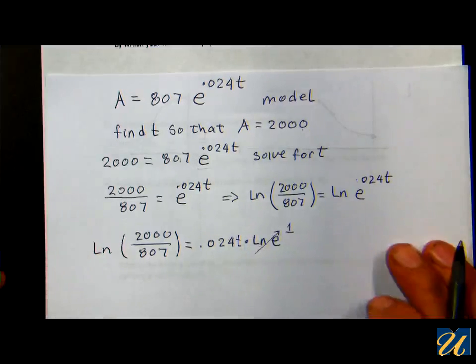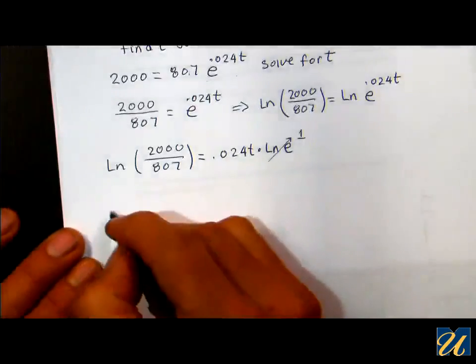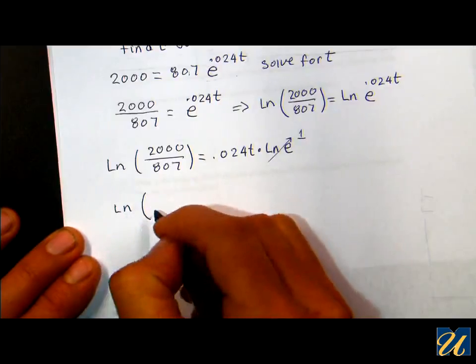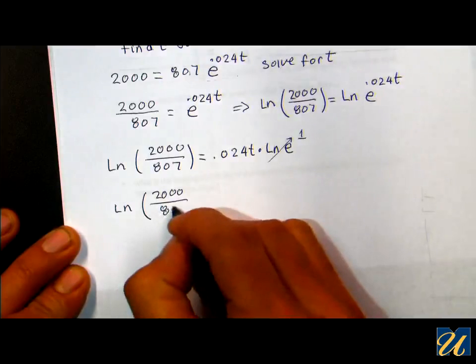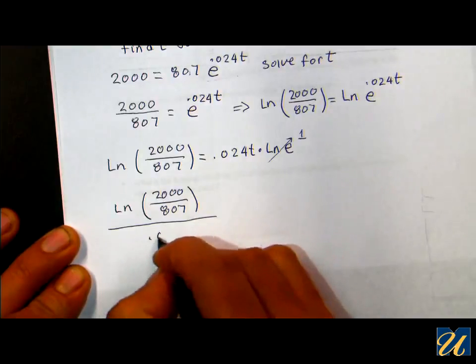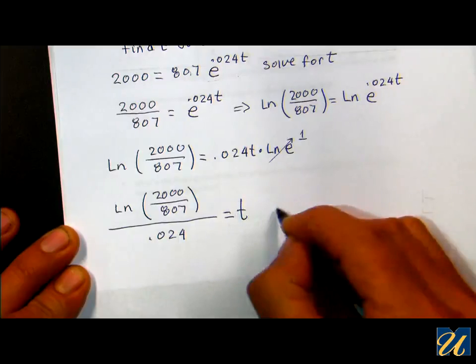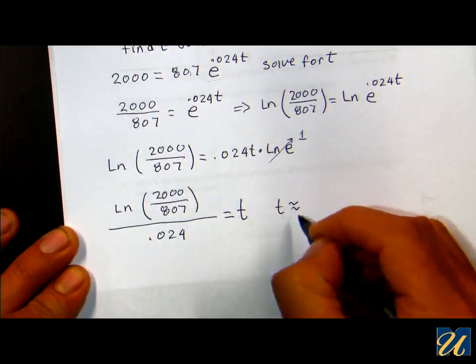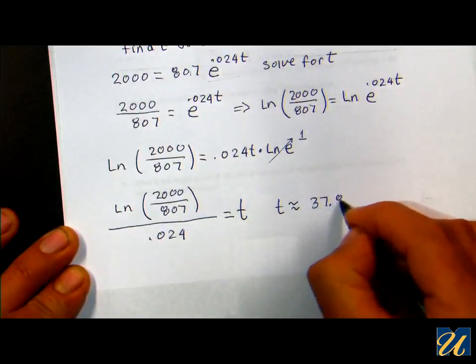Simply divide both sides by 0.024 so that we have the natural log of 2,000 divided by 807, that quantity all divided by 0.024. That will be our value for t, and that will give us an approximate value of t of 37.8 years.